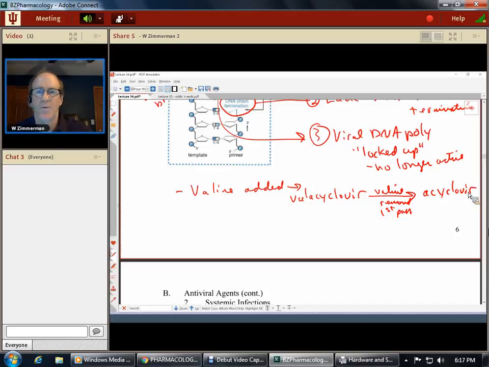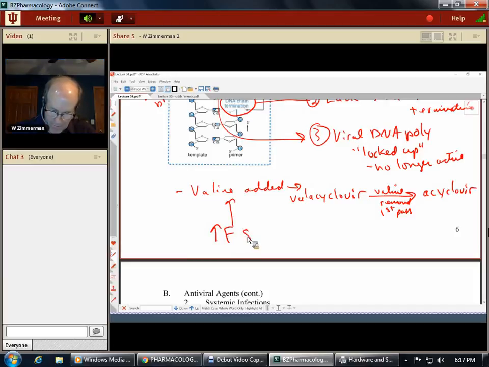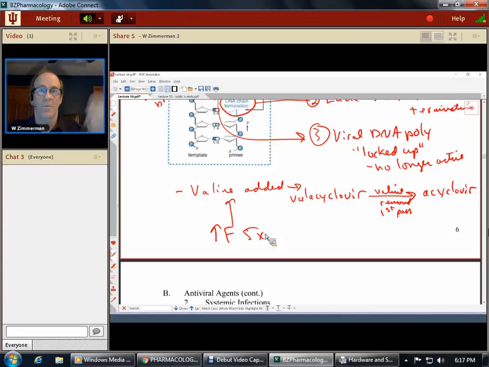But the reason they do that is the valine added, that'll increase the bioavailability 5-fold. And you have to give a pretty big dose of the acyclovir. And it gets big enough where you can't swallow the bloody tablet. It gets that big. Whereas with the valacyclovir, we give a 1,000 milligram tablet.